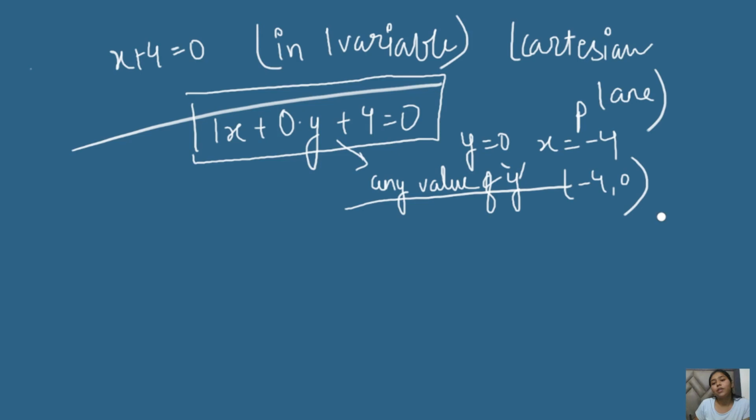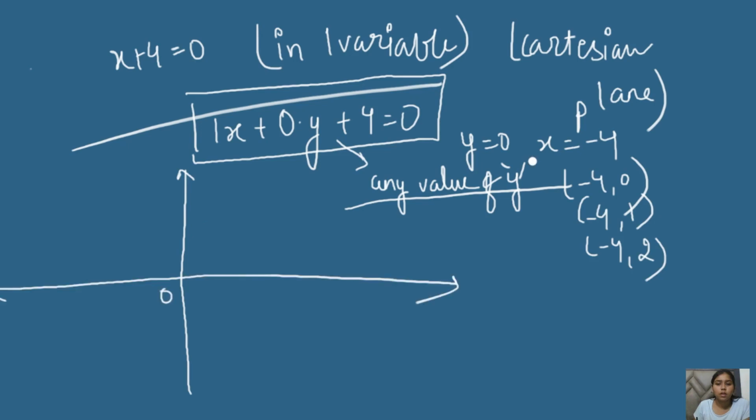So these are the points we can plot, right? First we have to draw a Cartesian plane. This is the particular Cartesian plane we needed, with the negative value of x and positive values of y.